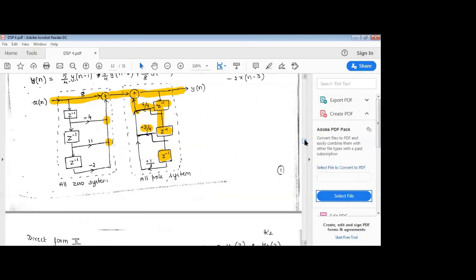That is, if the order of the filter is 3, the number of delay elements required is twice n. So we can say that in the direct form 1 structure, the number of delay elements required is twice the order of the filter.